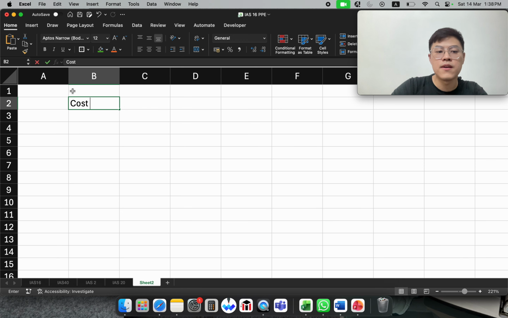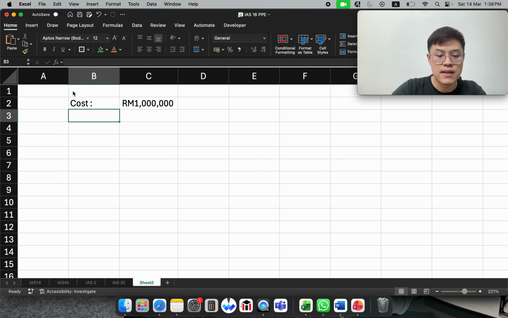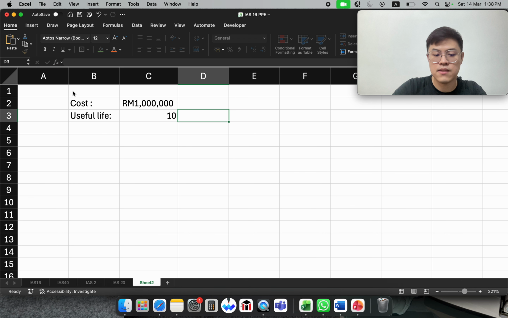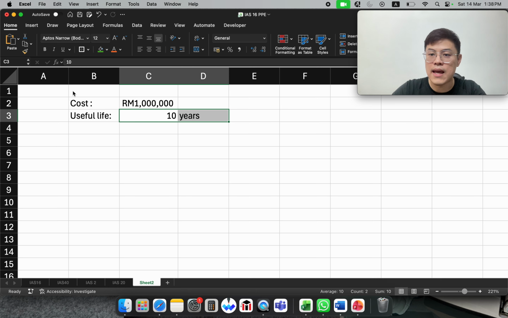For example, if my cost is 1 million and I have a useful life of 10 years, you know that according to IAS 16, property, plant and equipment, PPE, we are going to depreciate over 10 years, and each year we are going to depreciate by 100k.